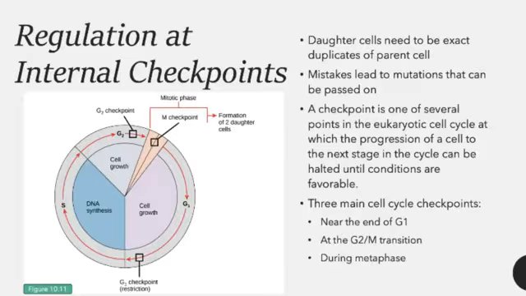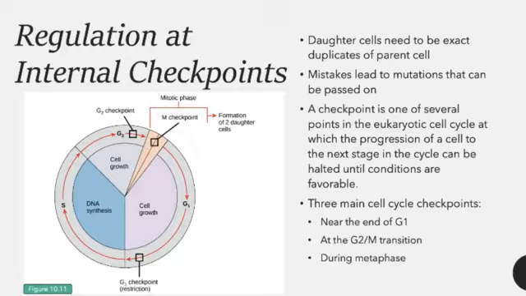Along with our external signals, our cell cycle is also tightly regulated by internal checkpoints. These checkpoints act like quality control stations, making sure the cell only moves forward in the cycle when everything is ready. The main idea is that the daughter cells must be exact duplicates of the parent cell.